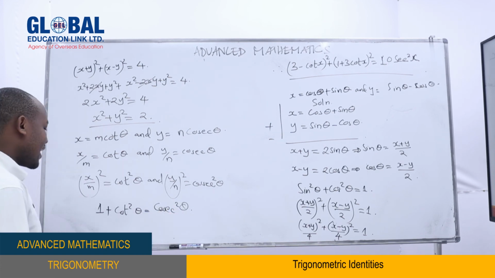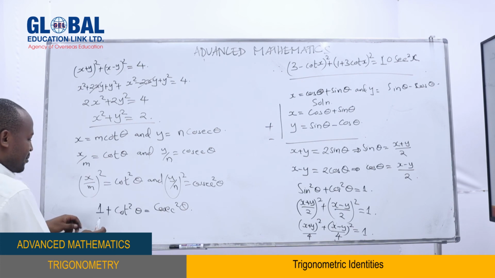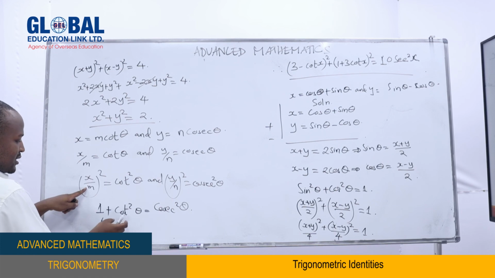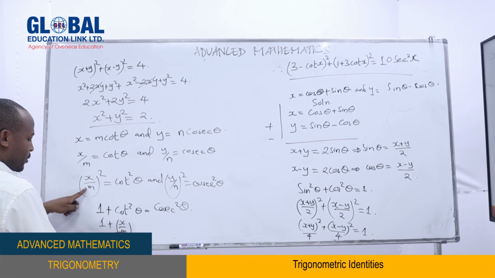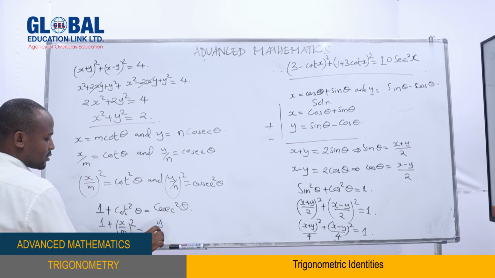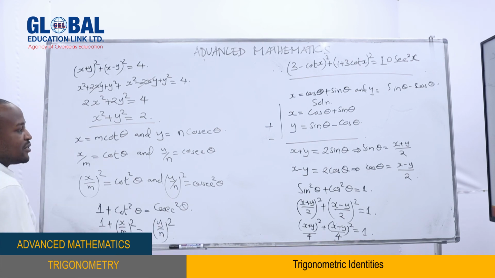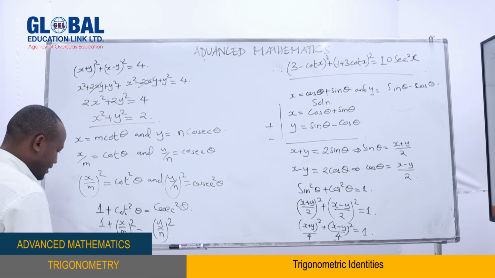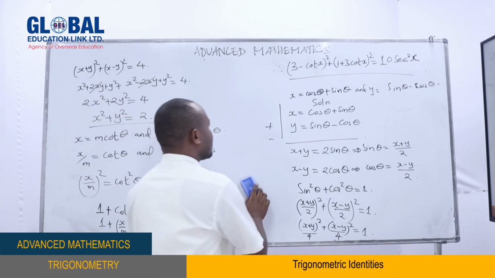From the Pythagorean identity, it is cosec squared theta. Then from there you can simplify to get a much simpler expression.